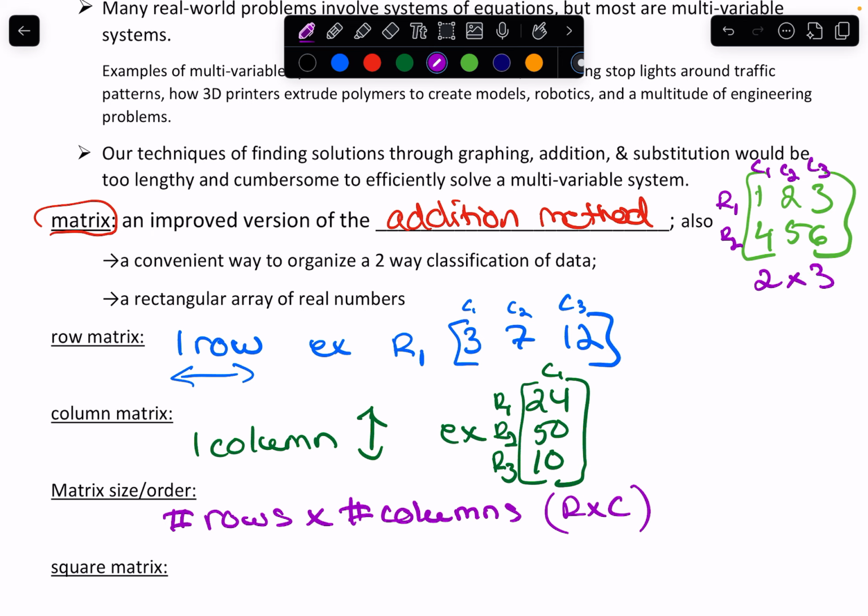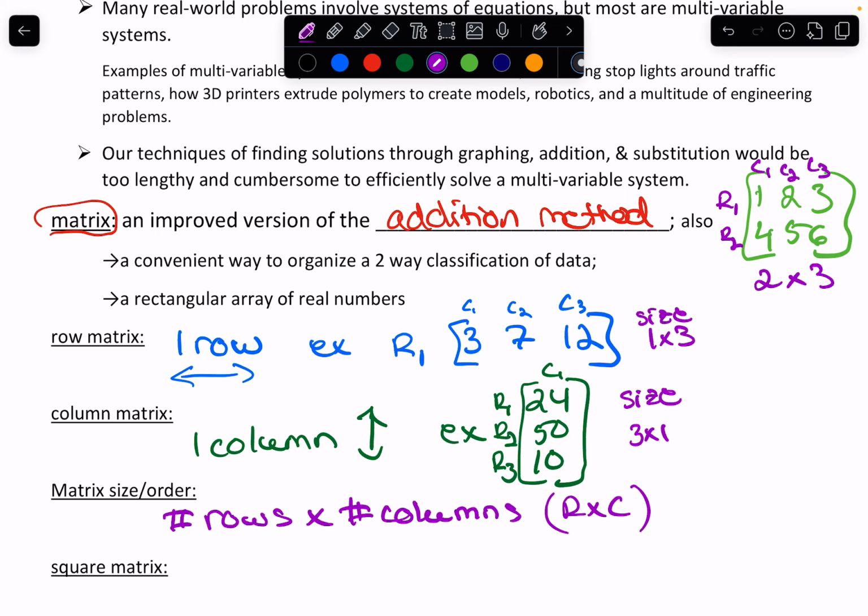So it is 2 by 3. Our row matrix, the size or order is 1 by 3. It has 1 row and 3 columns. And our column matrix, the size is 3 by 1. So it has 3 rows and 1 column.